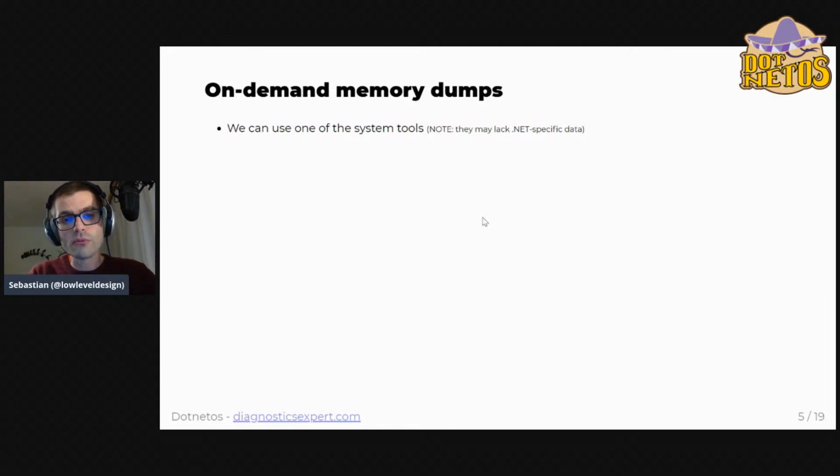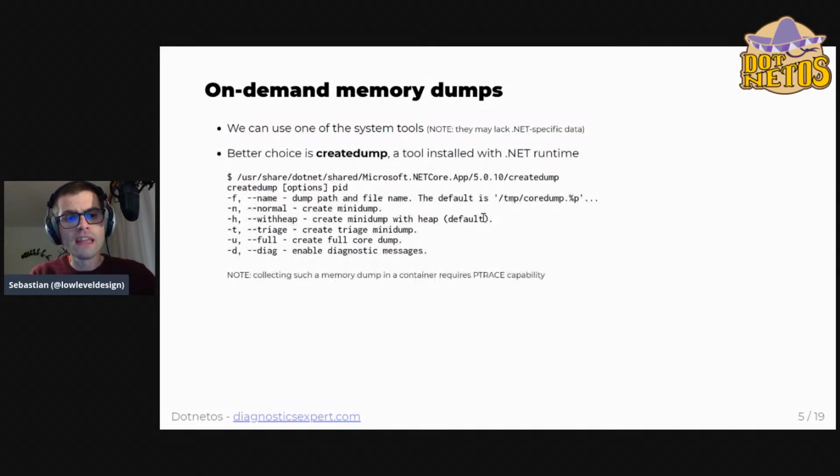On Windows, we can create memory dumps by, for example, using the right-click context menu in Task Manager. If we select a process and right-click on it, we will have an option to create a memory dump. It is also possible to do in PowerShell. I don't think that it's possible out of the box, but it's quite easy to use the Windows API for creating a memory dump.